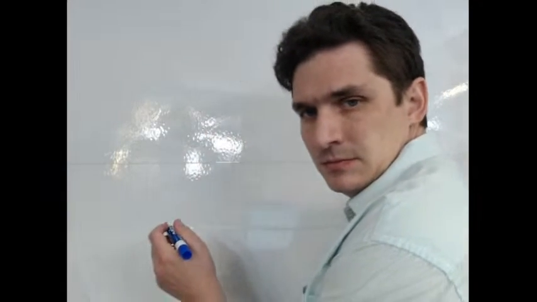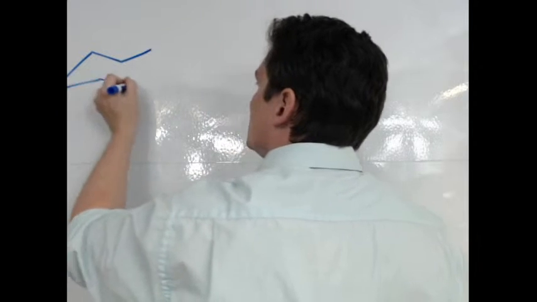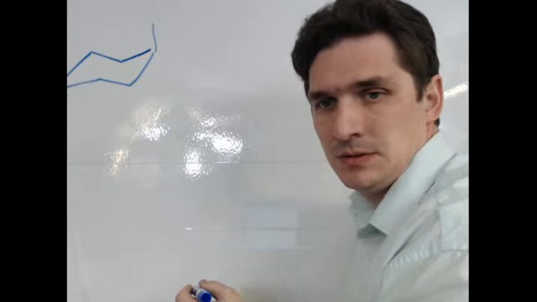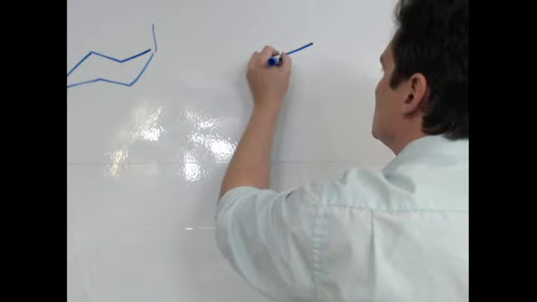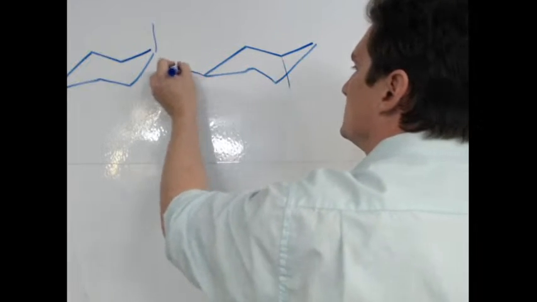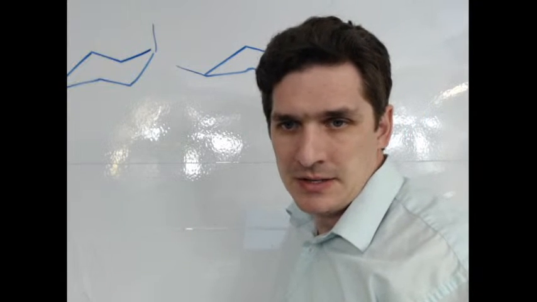So page 23, you can explain the stability of the third and fourth pair. So the third pair, one axial equatorial. And then we have this one axial equatorial.